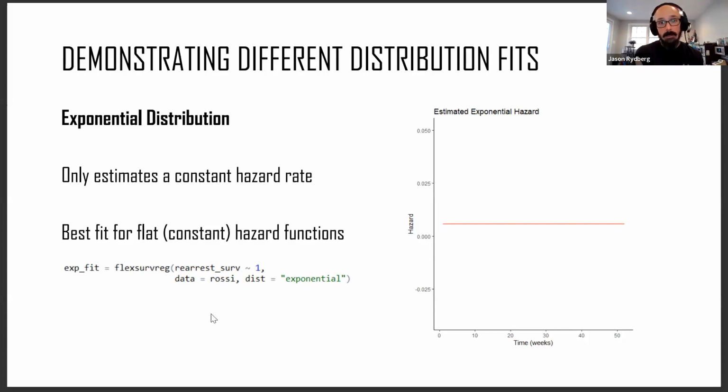That's what we're doing here. I'd recommend you create a survival object and do an unconditional model, so we're just estimating an intercept, and then testing different distributions. I'm fitting this, and this is the fitted hazard that comes from that. It predicts a flat hazard right here.